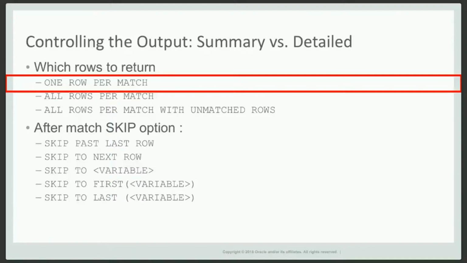And I go into a lot more detail in that PDF that I've linked to. There's also the question of, okay, I found a match, where do I start looking for the next match in my pattern? There are various ways that you can control whereabouts in the data set you start searching again for the next match.